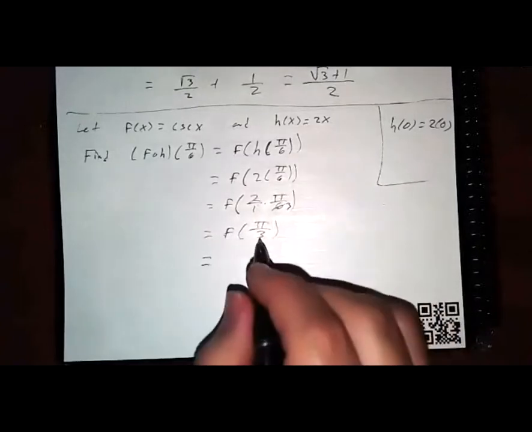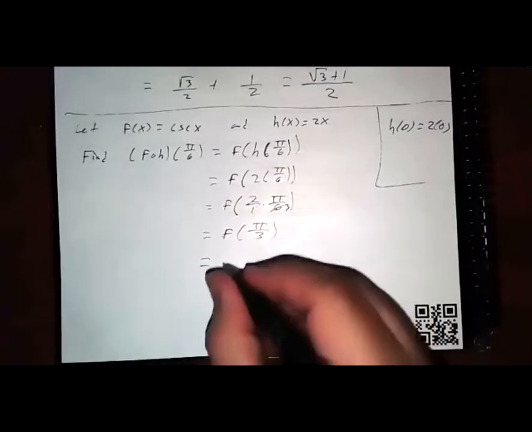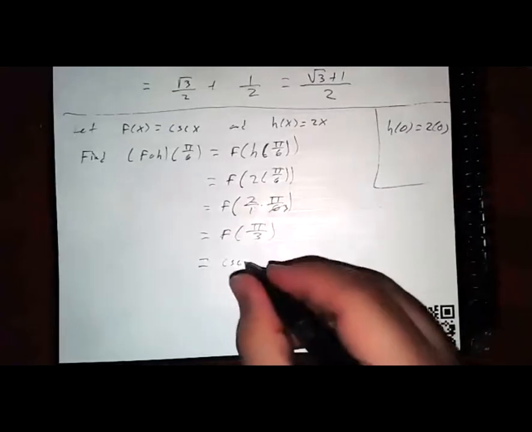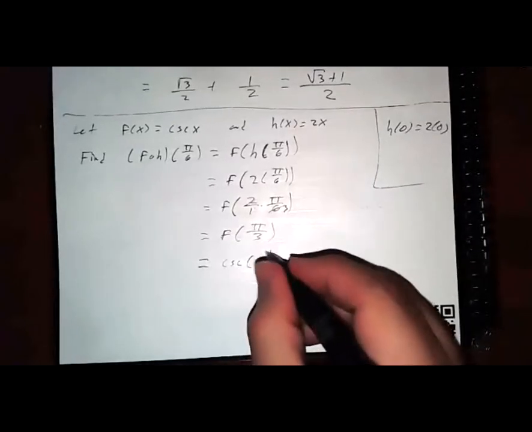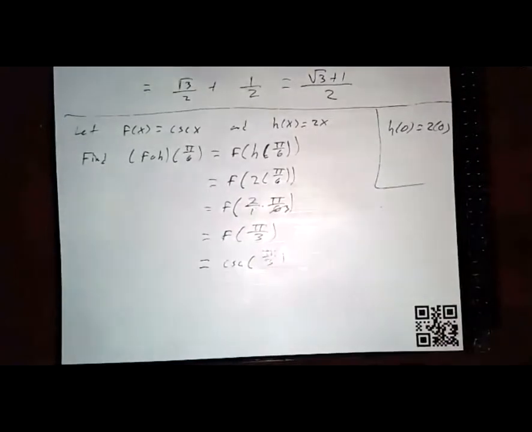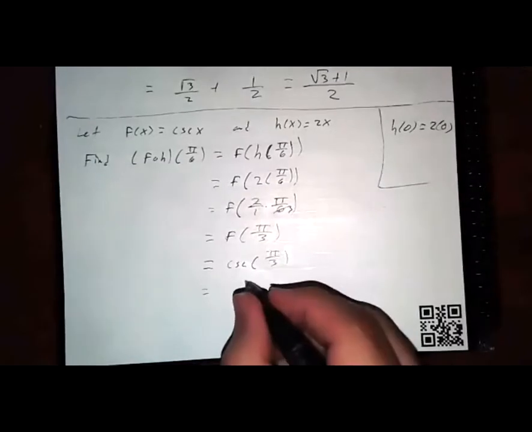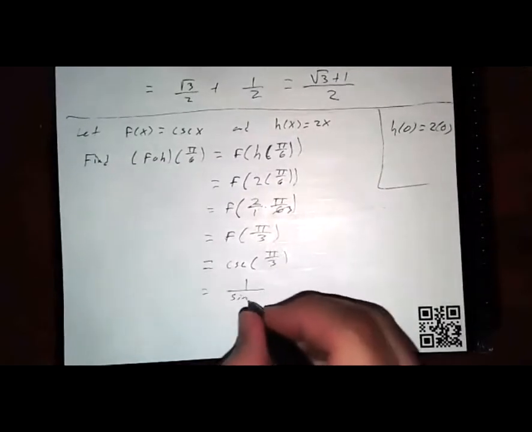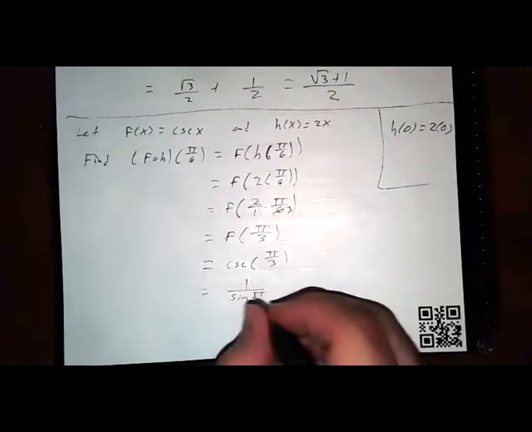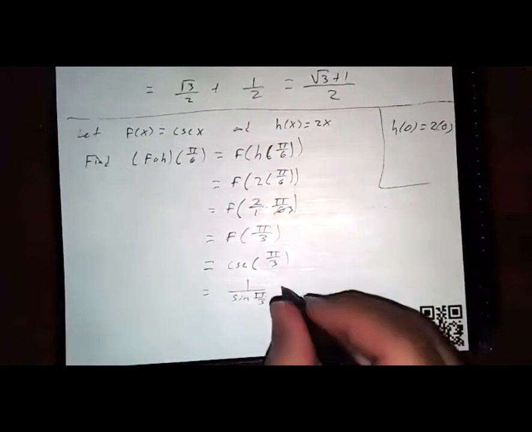So just plug it in. At this point, this means cosecant of pi thirds. What is cosecant? Another sine. And sine of pi thirds?